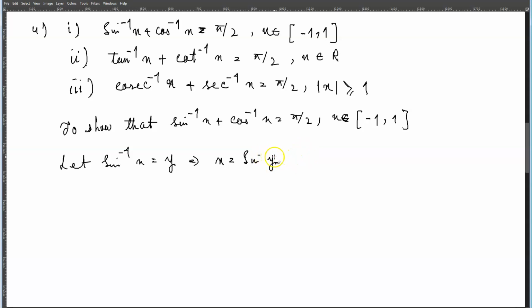If I want to write sine of y in terms of some trigonometric ratio of pi by 2 minus the same angle, of course sine has to be converted to cos, right?